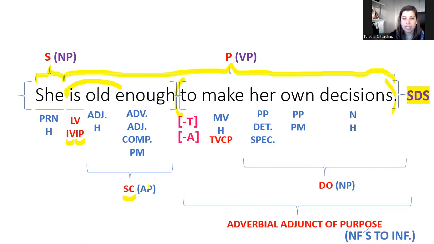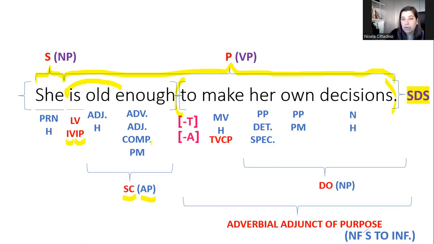And old enough is an adjectival phrase. Notice that I wrote it here. Adjectival phrase. Old is the adjective and the head of the adjectival phrase. And enough here works as an adverb. And it is an adjectival complement.